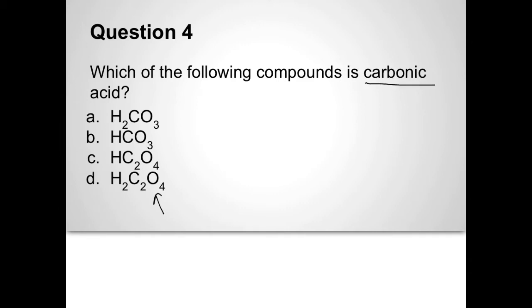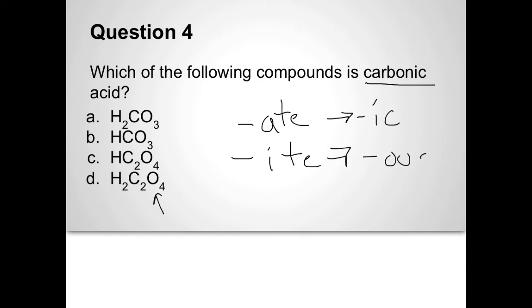So the two possibilities are, if you have a polyatomic ion that ends in ate, then you would change the ending to ic in the naming of the acid. If you have a polyatomic ion, for example, that is ite, you change it to ous.